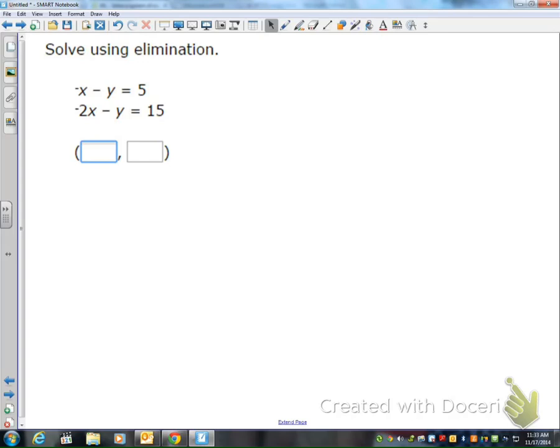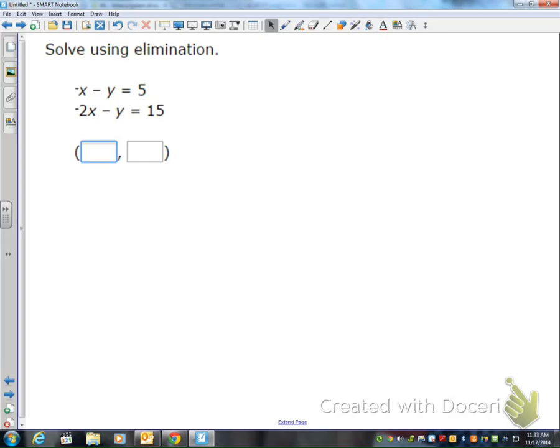Also, if one of the equations is already in y equals something form or x equals something, even if it's not a number on the other side, even if it's an expression. But if it's in what we call standard form, where it's something times x plus or minus something times y equals some number, then elimination is probably the most convenient method to use.